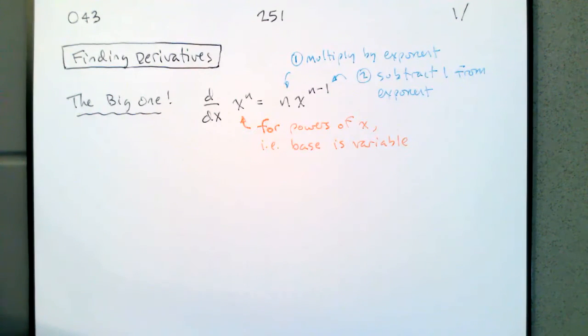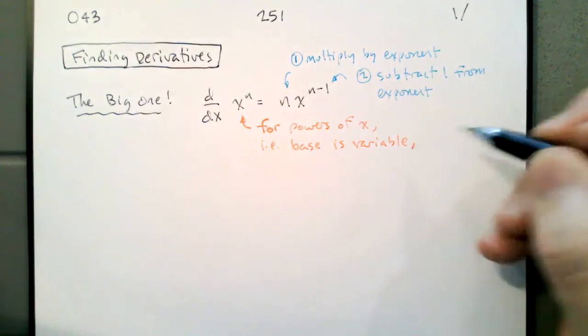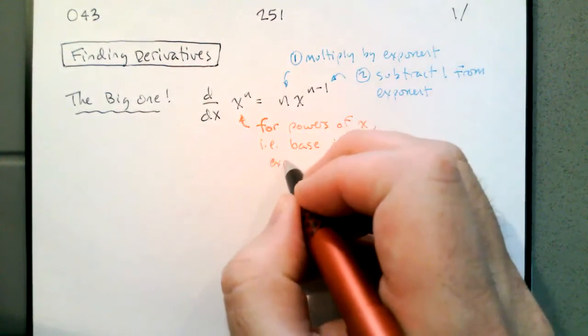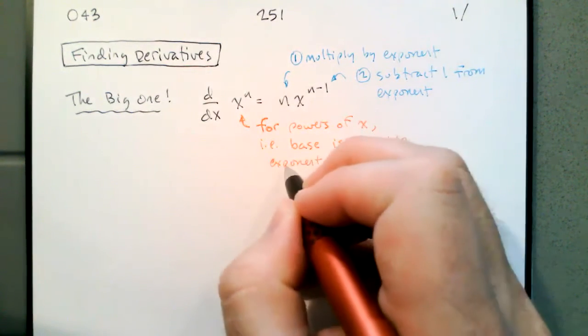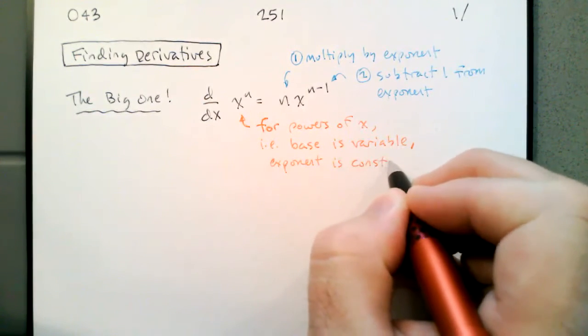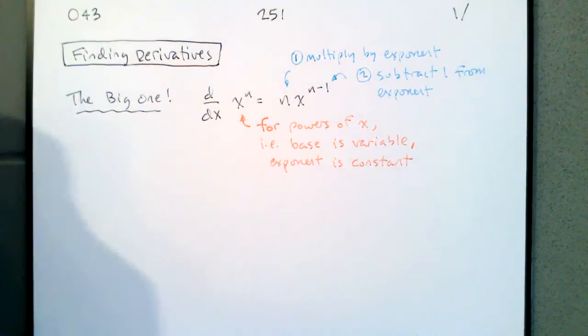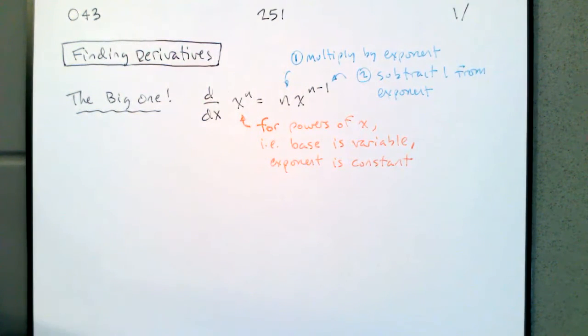The base is variable. So we're looking at constant powers of x. We get a lot of mileage out of this rule plus some algebra.